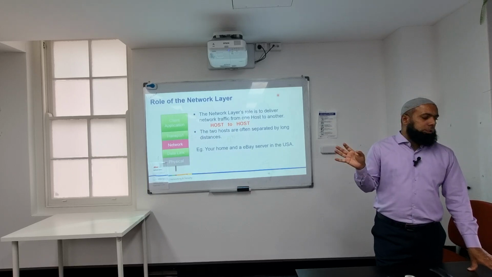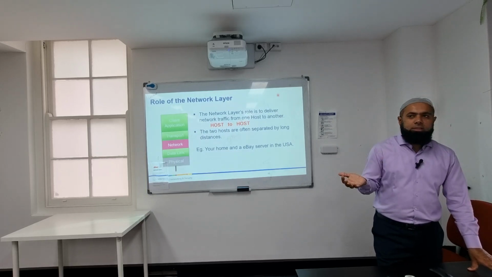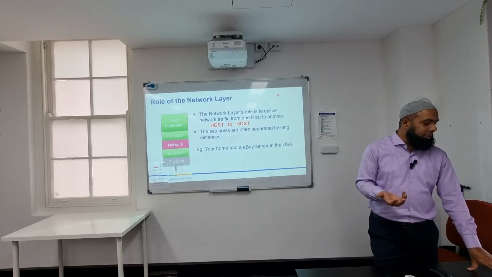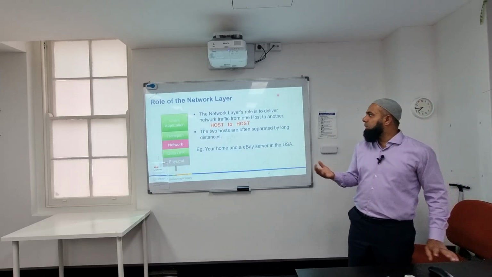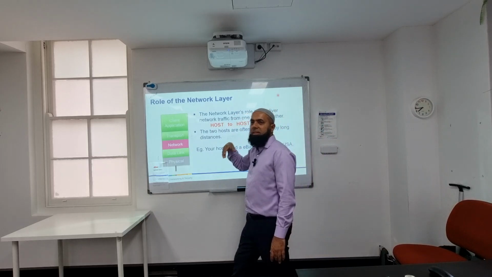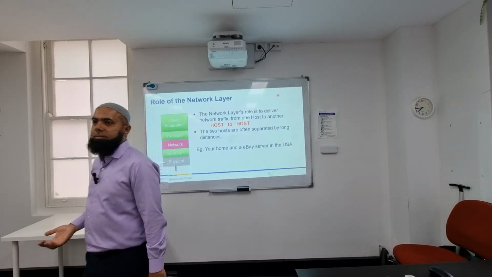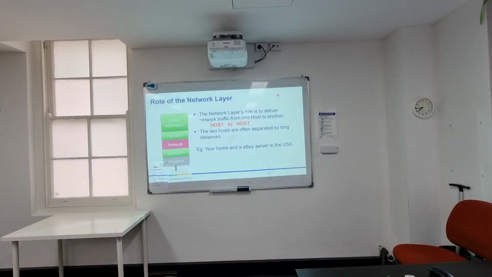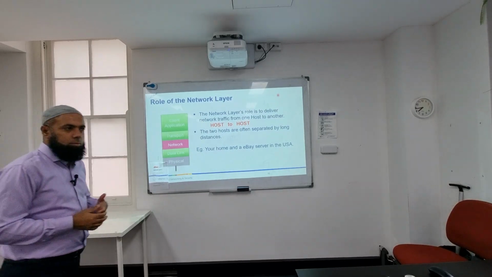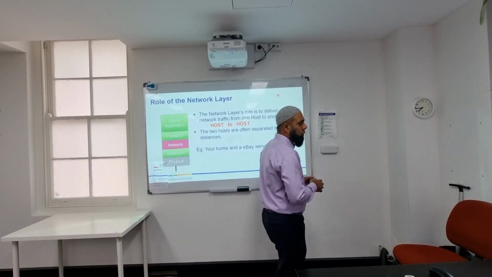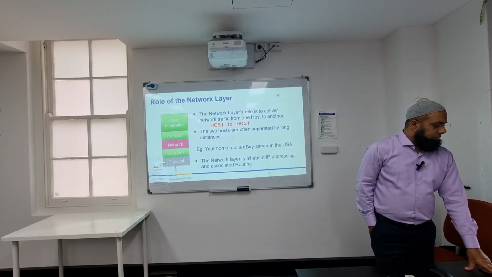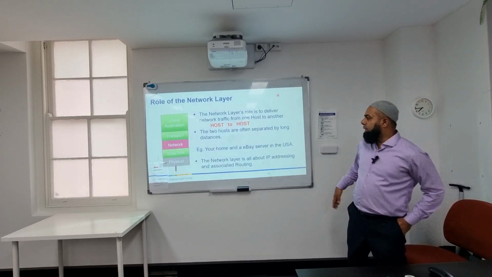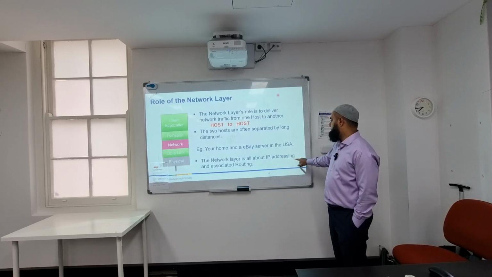So these two hosts are often separated by long distances, not on the same network. So that's clear that they are not on the same network. Whenever we are talking about the network layer, it means that they are not on the same network. They are one local and another network with which we need to communicate. So what is the network layer all about?